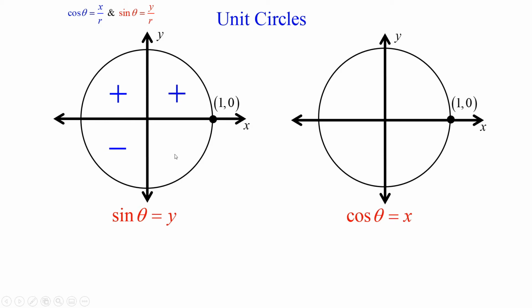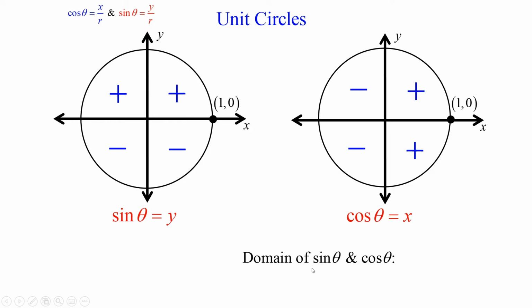And in quadrant 4, sine of theta would be negative. Now, cosine is x. So in quadrant 1, cosine is positive. But in quadrant 2, cosine is negative. In quadrant 3, cosine is negative. And in quadrant 4, cosine is positive. That's a great little diagram right there that'll help you out.